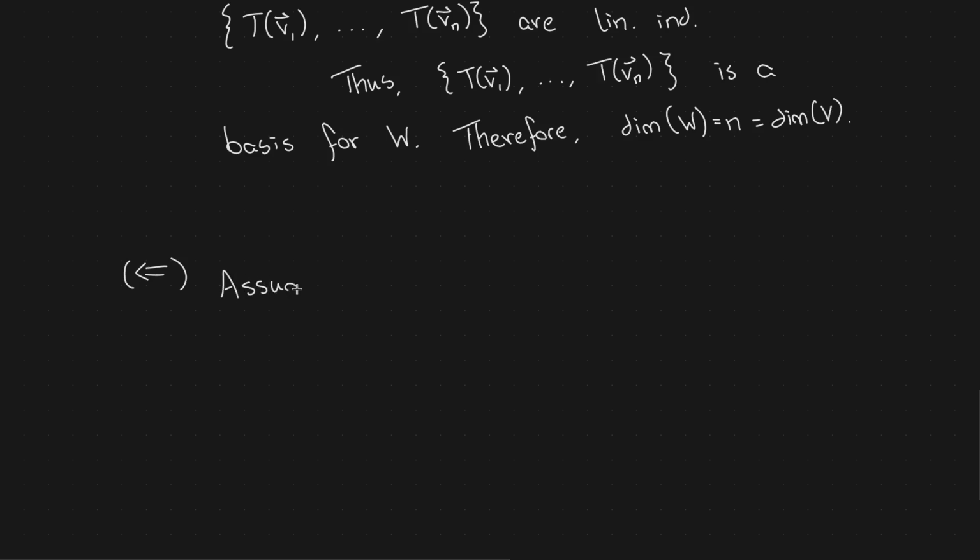Assume that the dimension of V and the dimension of W are equal. Let's say they both equal n. That means they both have bases of n vectors. So let's let V1 to Vn be a basis for vector space V.